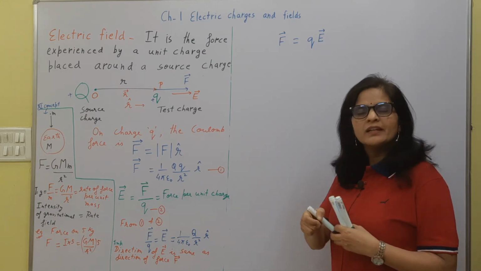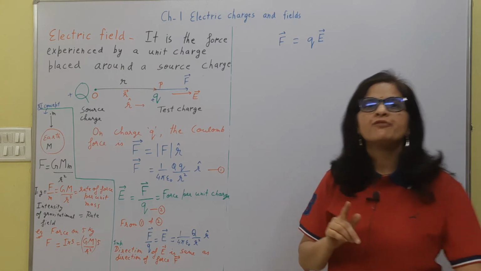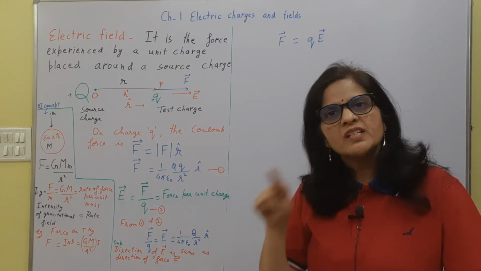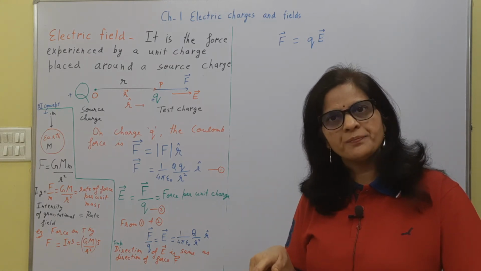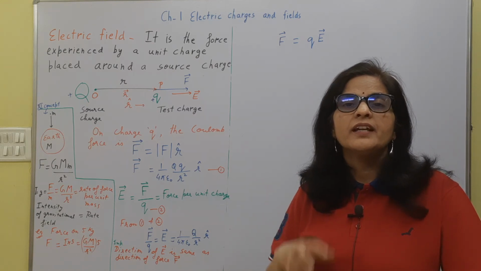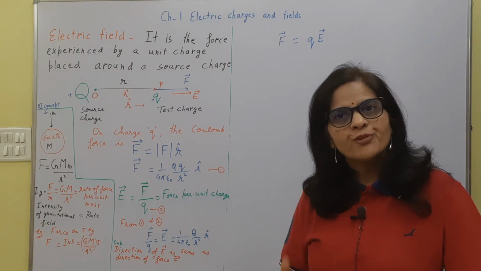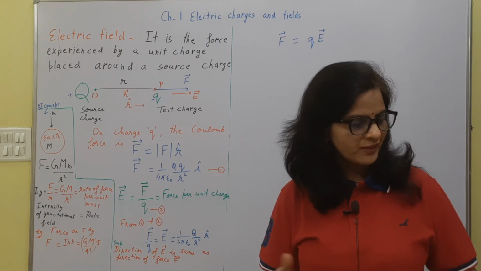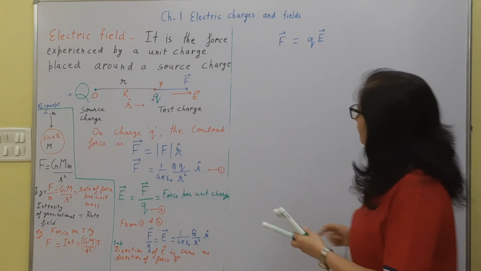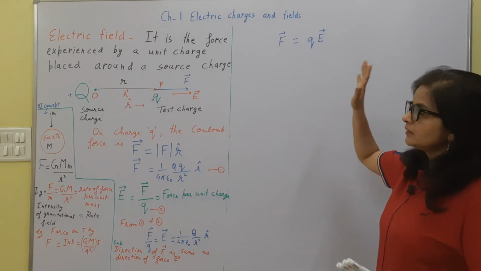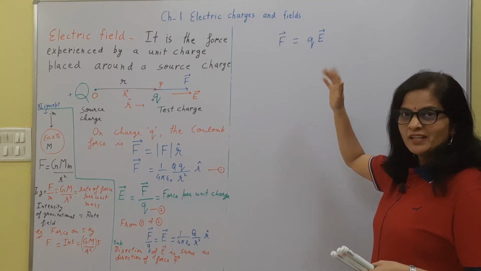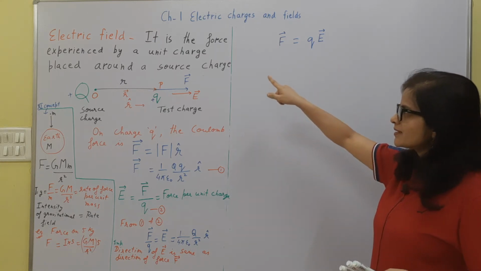So electric field in simple terms can also be defined as the region around the source charge where the effect of electrostatic force can be experienced, right? But that's a layman language definition.